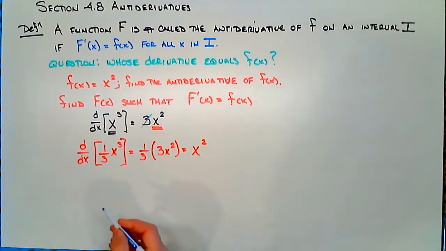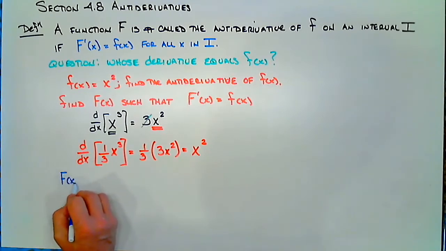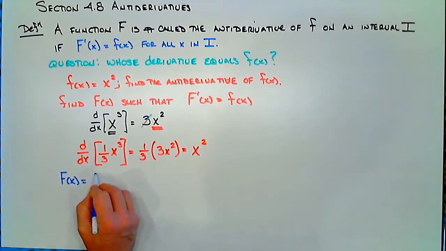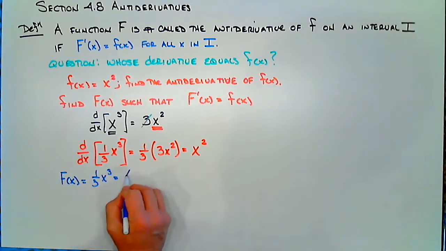Our antiderivative, that's what we call this, we would say capital F of x equals 1/3 x cubed, or we could write that as x cubed over 3.